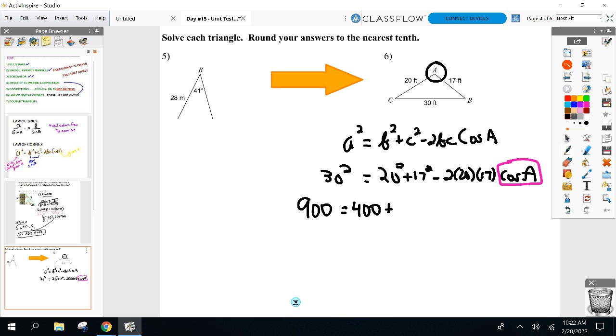Can I get a little help? 17 squared, 289. 289 minus... oh boy. Well, maybe, hold on, can I do this? That's going to give me 34. That'd be 340 and 340, 680? Yeah.